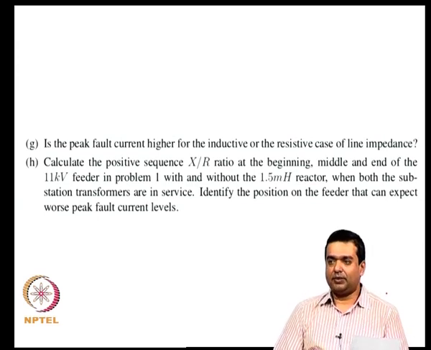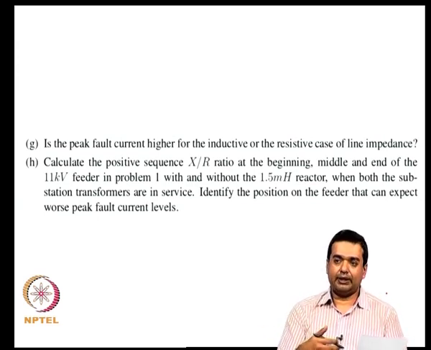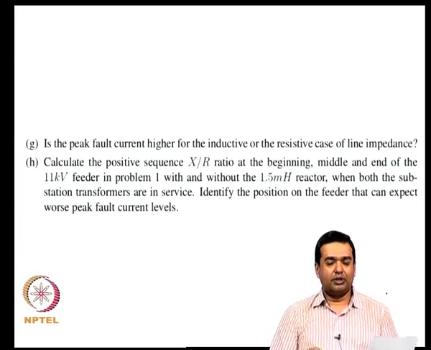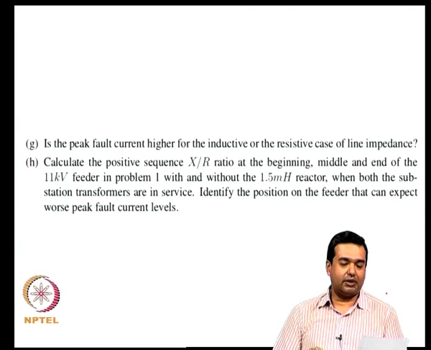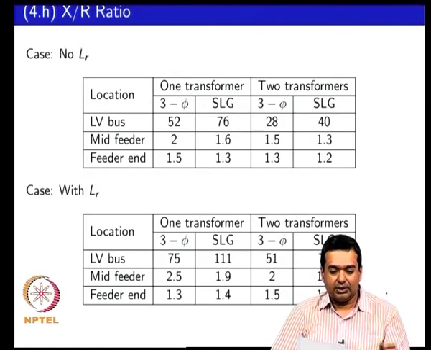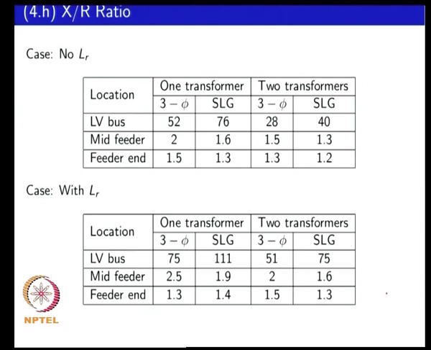You also have the case where what happens when you add a reactor to limit your peak fault current. You also have single phase fault case, the 3-phase fault case, and you can look at the x by r ratios for all these different situations.